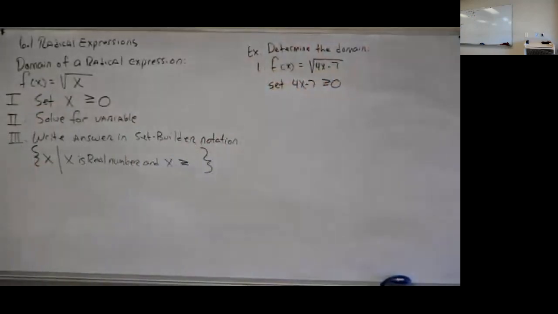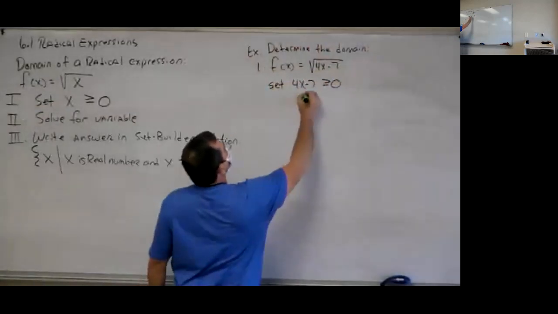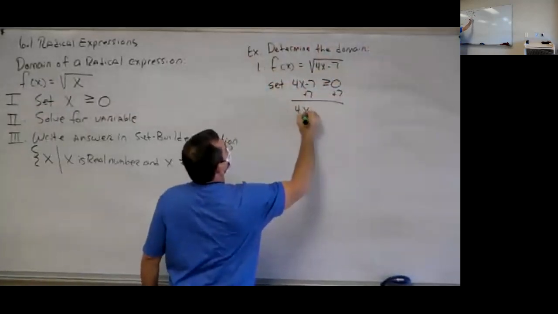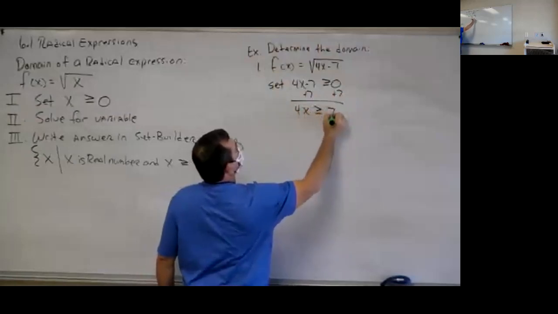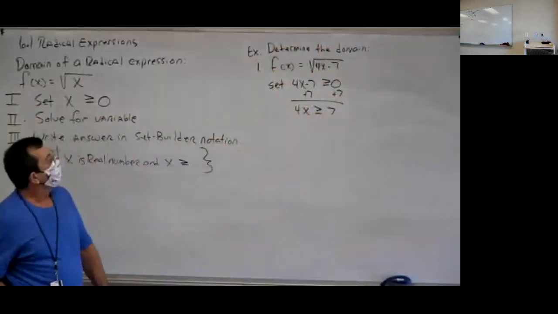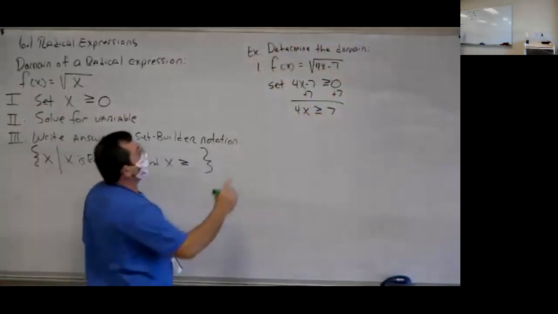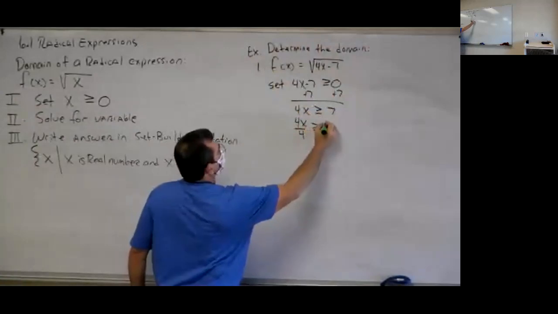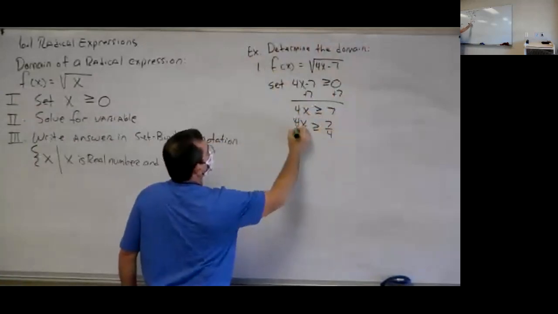All right, now we're just going to solve that for the x. So looks like I'm going to add my 7 and then divide by the 4. So let me add 7, so that the 4x has to be greater than or equal to 7. And then I'll divide by 4. So that cancels.